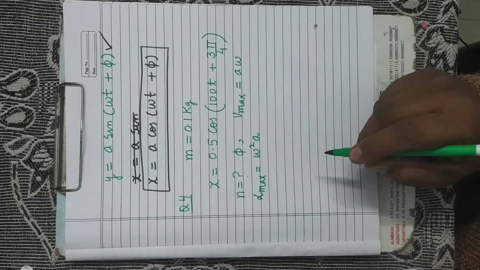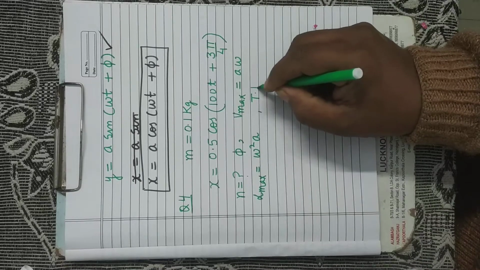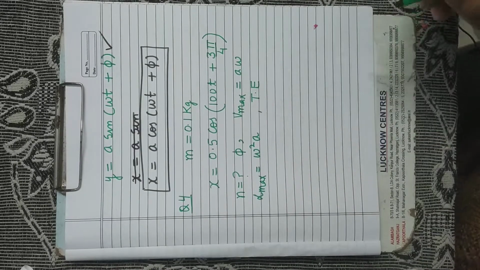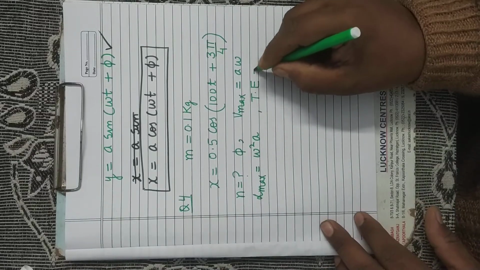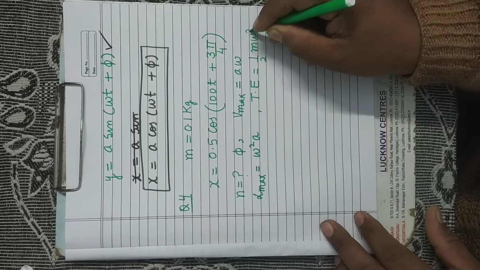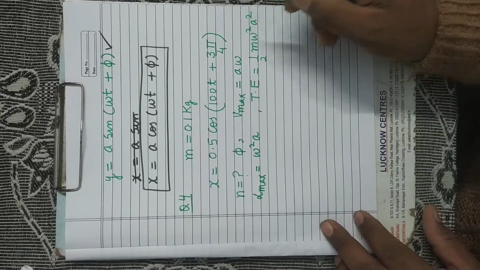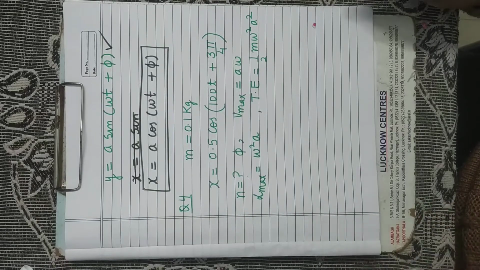And then you have to find the total energy, which is equal to 1 upon 2 m omega square a square. These things you have to determine.